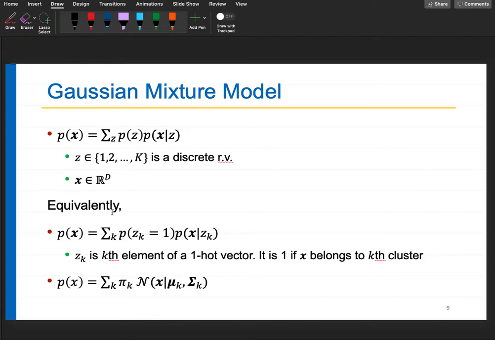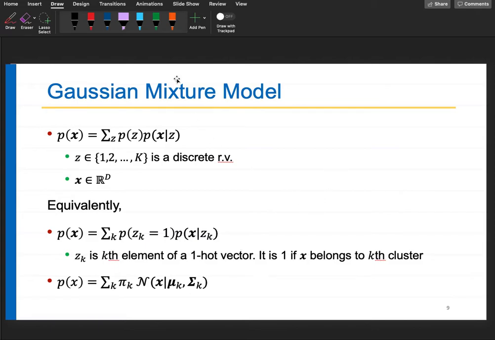Equivalently, I can say, now I define my z_k as the kth element of a one-hot vector, right? And you know a one-hot vector will have 1 only in one position and everywhere else it will be 0. So wherever it is 0, it means it does not belong to that cluster. Wherever it is 1, it means that data point belongs to that cluster.